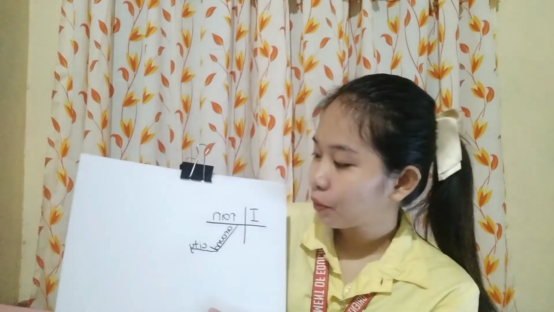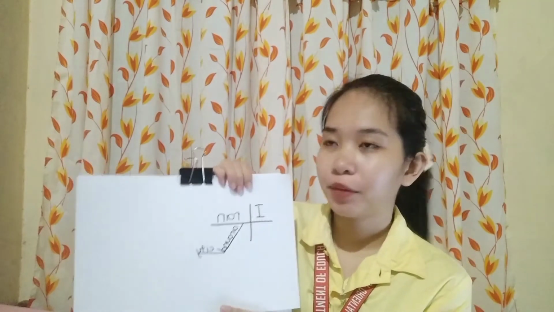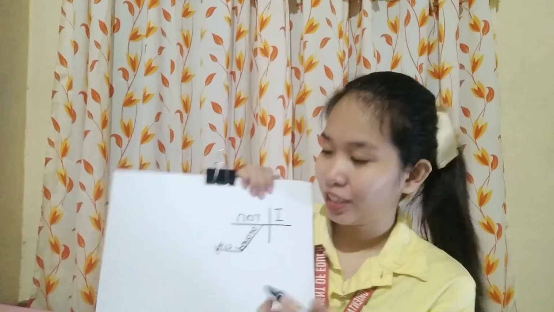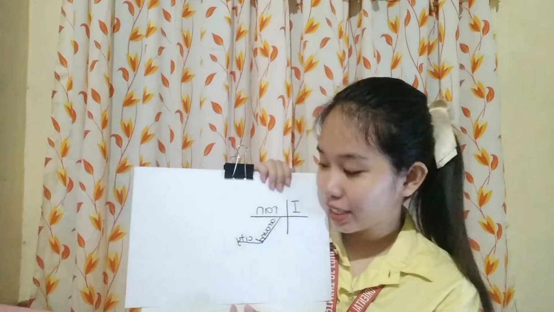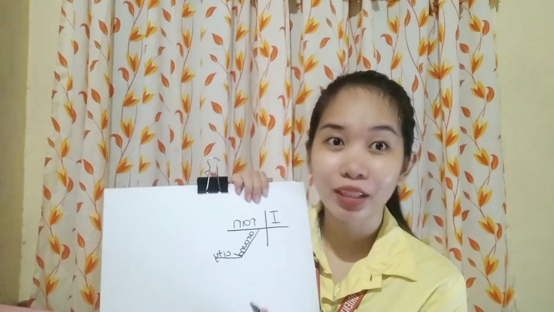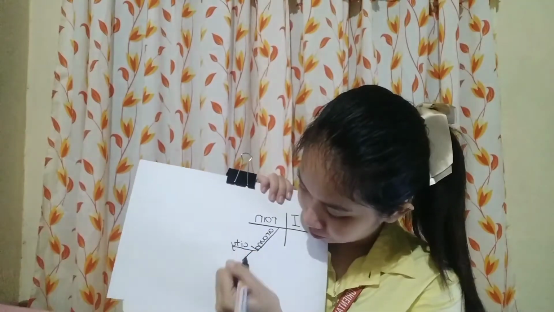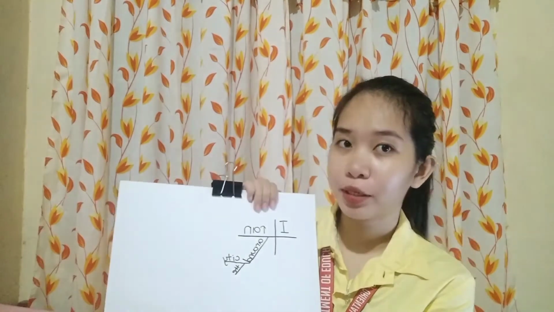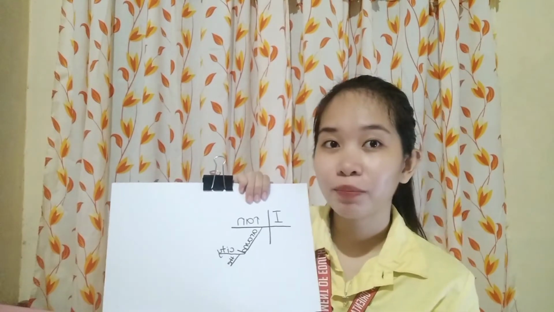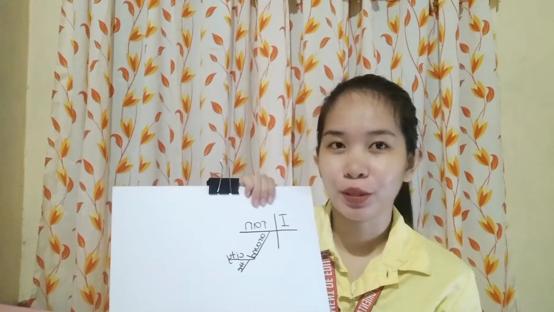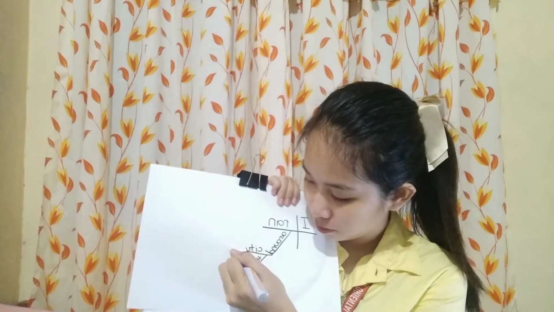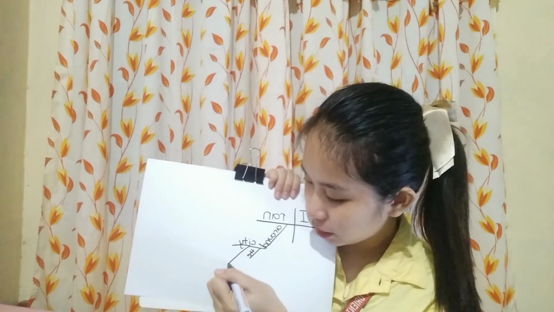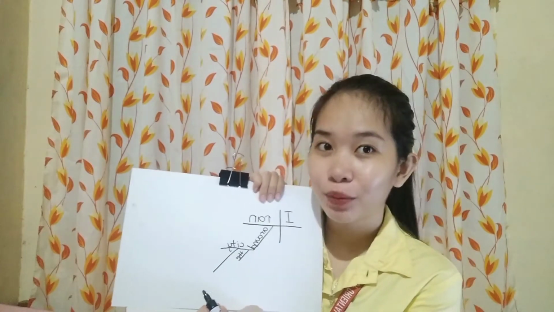After that, we will write all of its modifiers. The article the will be placed below the word city because it modifies the city. Another word that modifies the city is the word beautiful. So we will draw a slanted line here and write the word beautiful.